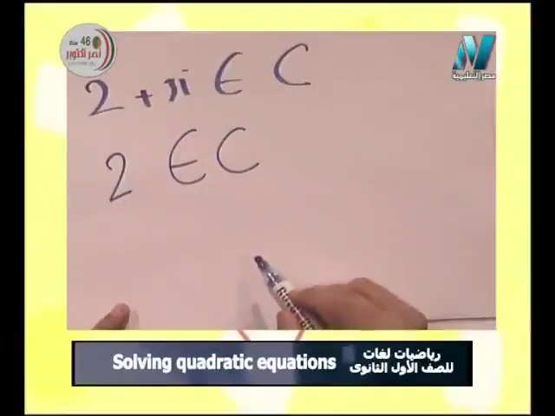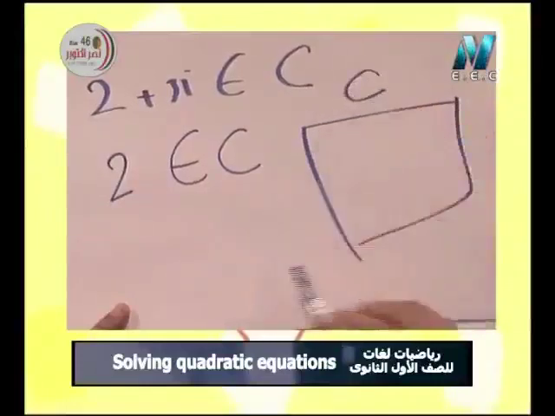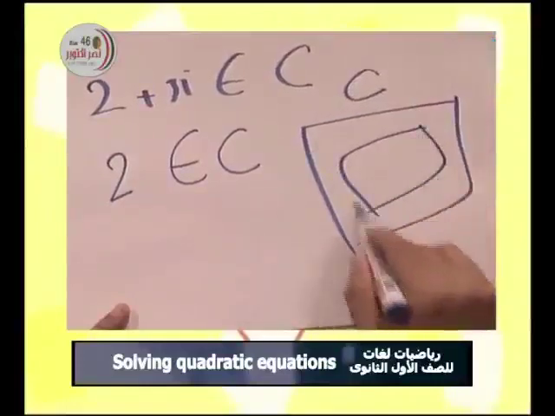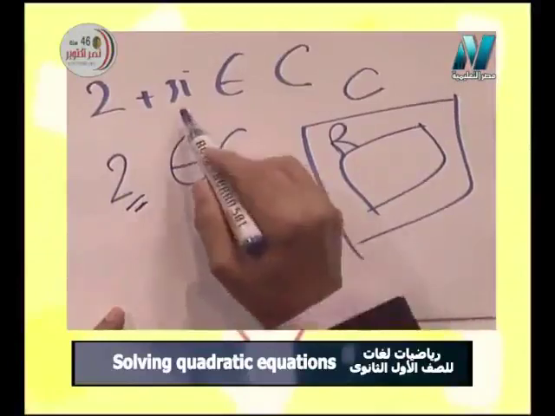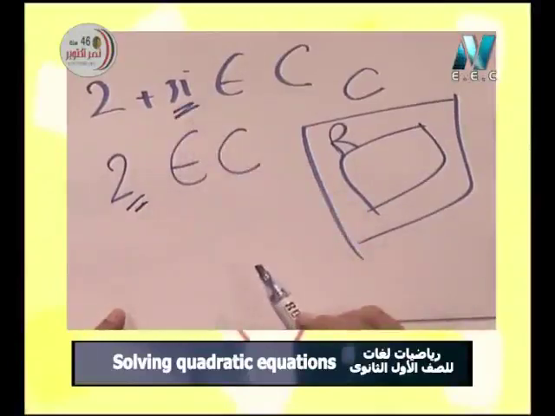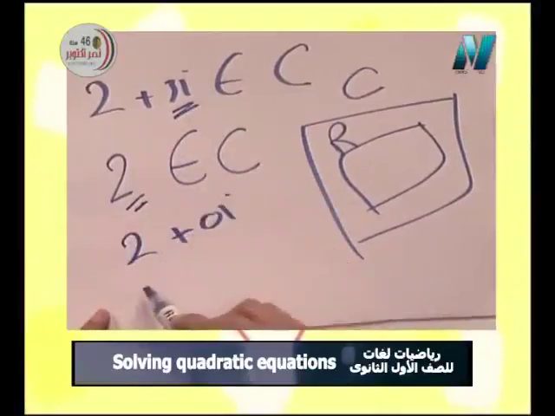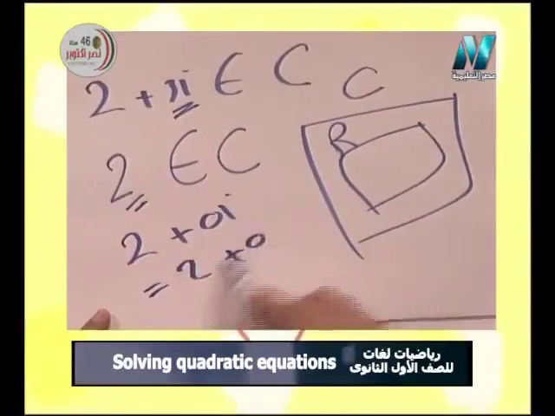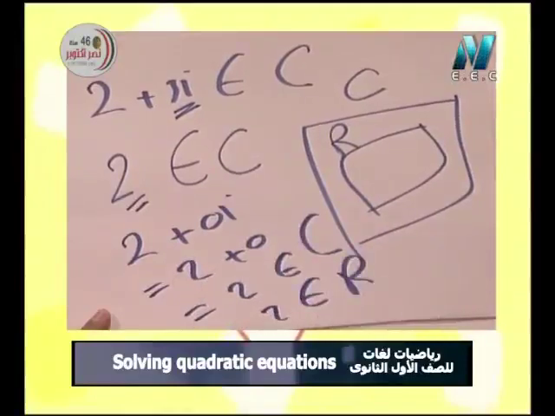Yes, of course, because we have said that the set of complex numbers contains the set of real numbers. So any real number will be a complex number, and the imaginary part here equals 0. It's no problem. We have 2 plus 0i, which means 2 plus 0, which means 2, and 2 belongs to C, and 2 belongs to R, real numbers.